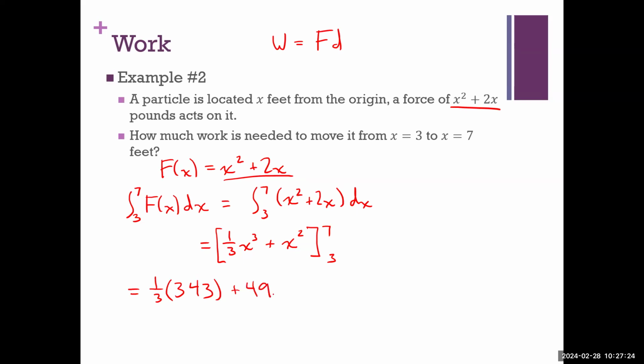Plus 49 minus. Does this last set of parentheses just cancel out? Oh no, they're adding together. Can someone verify 343 for me? Okay, so 343 over 3 plus 49 minus 18.